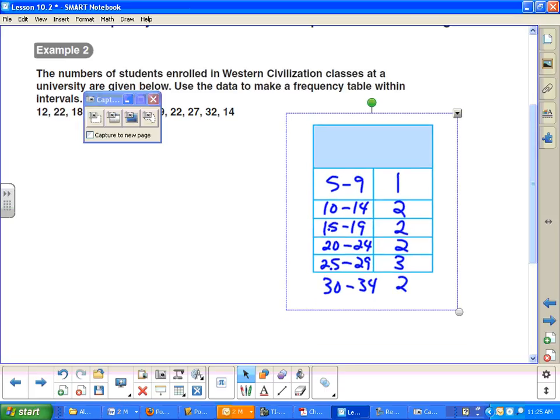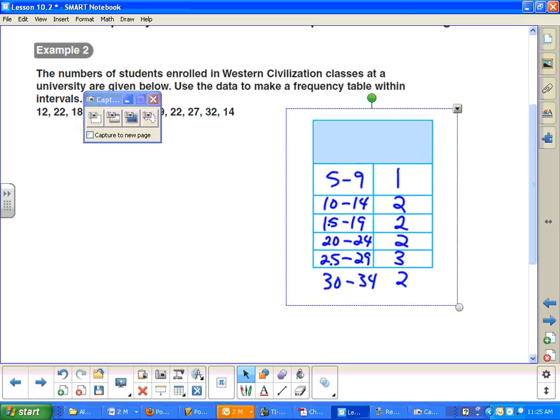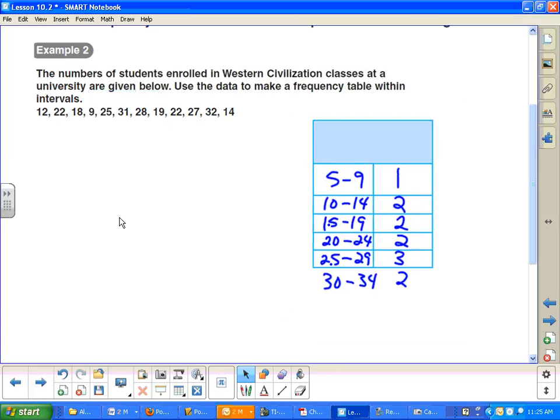So here's our frequency table. We're going to use this frequency table to make a histogram then.